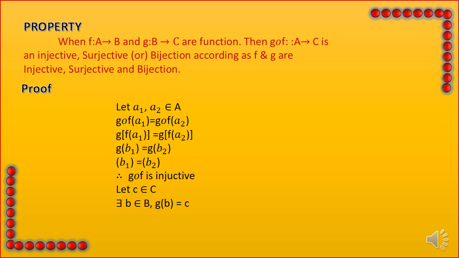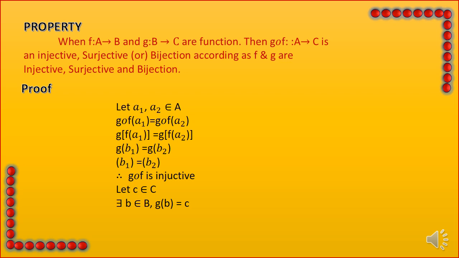Next, let f of a1 be b1 and f of a2 be b2, so g of b1 is equal to g of b2. Since g is injective, b1 is equal to b2. Therefore, g composition f is injective.